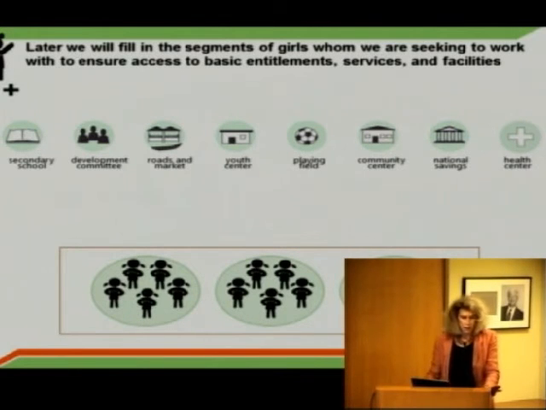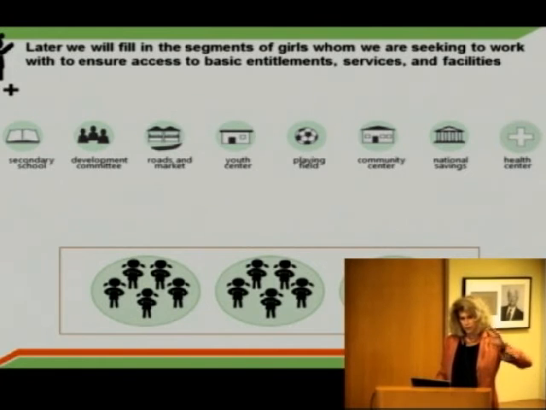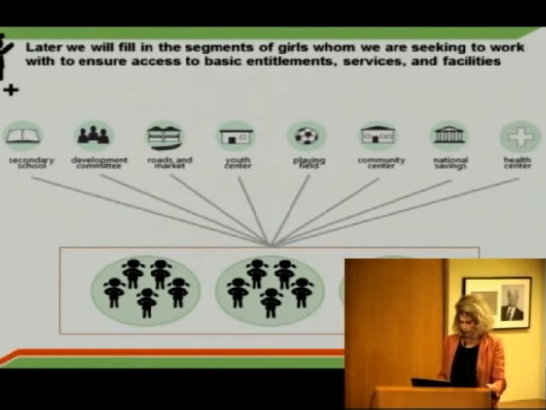I'm positing the girls of school age that are in school but a little off track, and come from families that maybe live in a specific part of town and are linguistically separate. And then the third group in this case are the girls that have been married, that are currently between the ages of 15 and 22. And I'm going to think about what I can do to specifically guide them into the existing community resources.